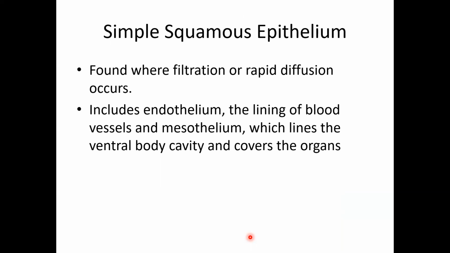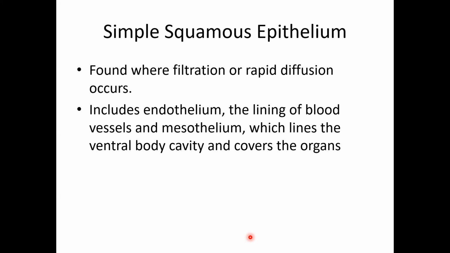Simple squamous epithelium is found where you need something to cross that barrier very quickly. It is a single layer of cells that are very thin and flat. So where we need rapid diffusion or filtration, we find simple squamous epithelium. This presents minimal barrier. So we find this as the endothelium, which is the lining of blood vessels, the mesothelium, which lines the body cavity and covers organs.